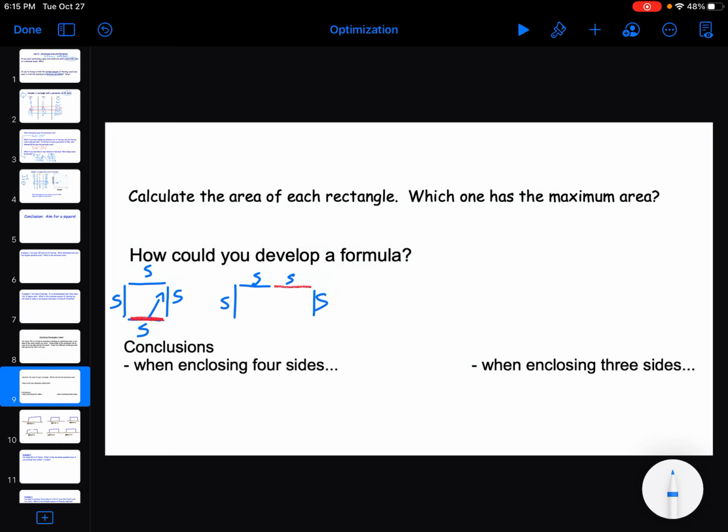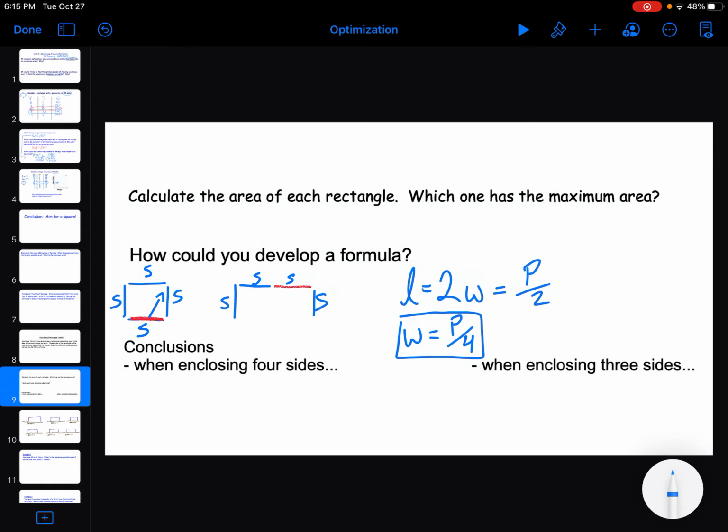So the formula for this: the length is always going to be equal to 2 times the width. And the width is always the same as what we had before: the perimeter divided by 4. So what that means is the length is actually equal to the perimeter divided by 2.